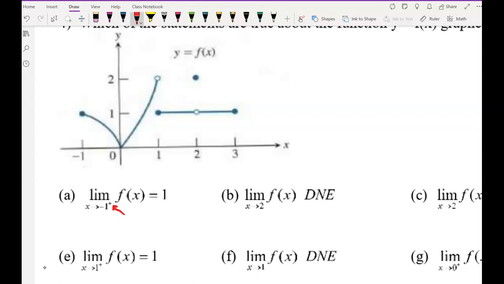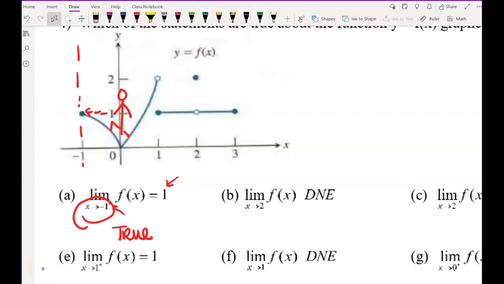So the right side, let's talk about this right here, here's -1. Remember, we have to look at where x is. We're standing coming from the right, meaning that we have to stand on the right side, and we're walking towards x being -1, and y is approaching 1. So this is definitely true.